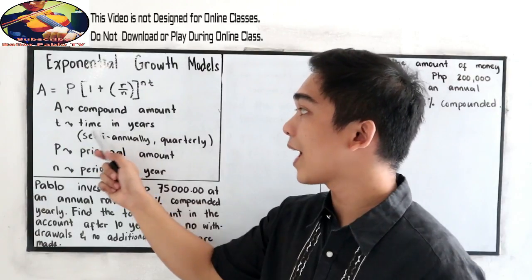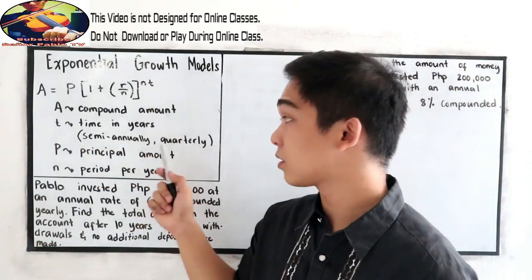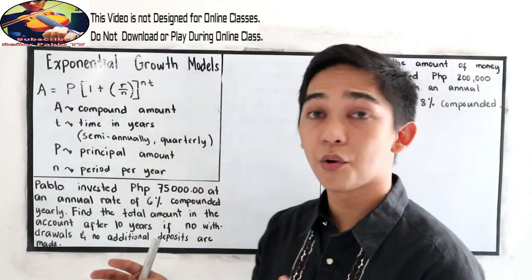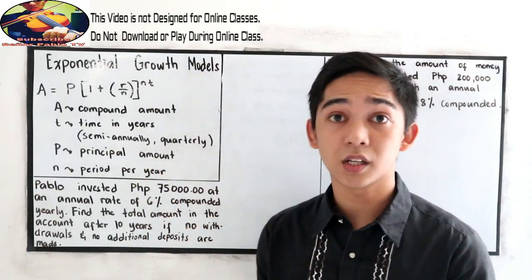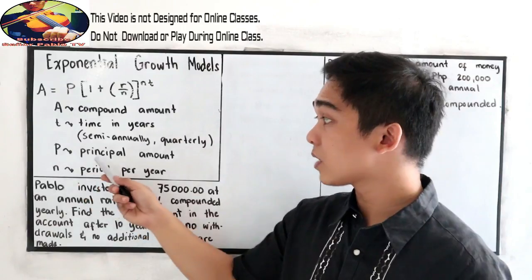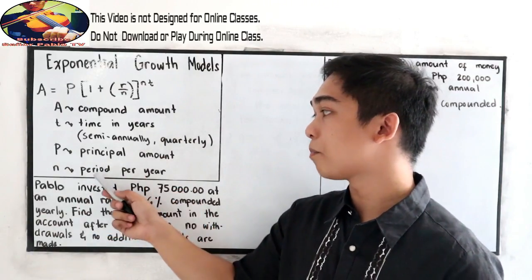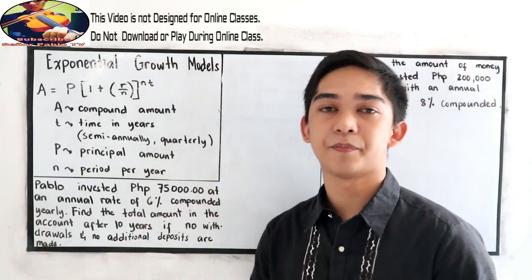T is the time in years. In time, we have semi-annually, you will encounter that, or quarterly. P is our principal amount, and N is the period per year.